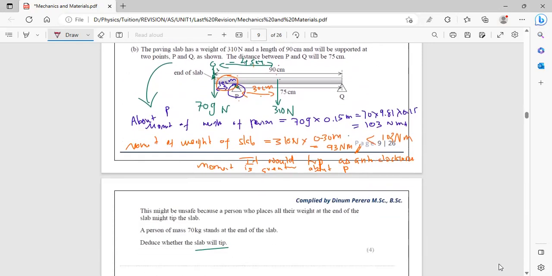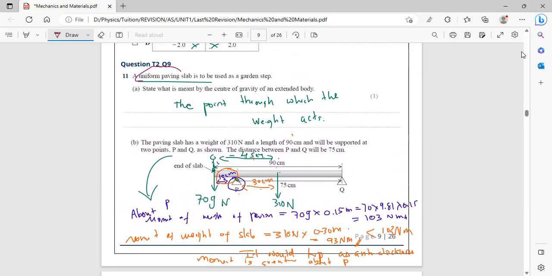This might be unsafe because a person who places all their weight at the end of the slab might tip the slab. The person of mass 70 kilograms stands at the end of the slab. Deduce whether the slab will tip. To determine whether the slab will tip, you can find the moments about P. If it's going to tip, it's going to rotate about P, right?